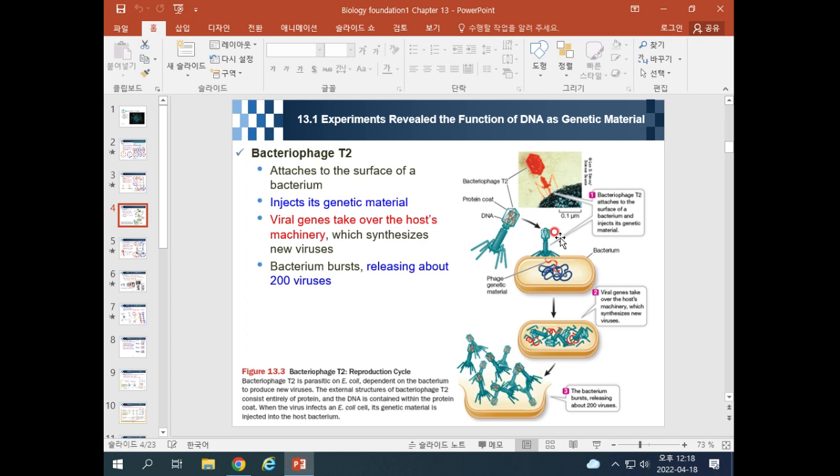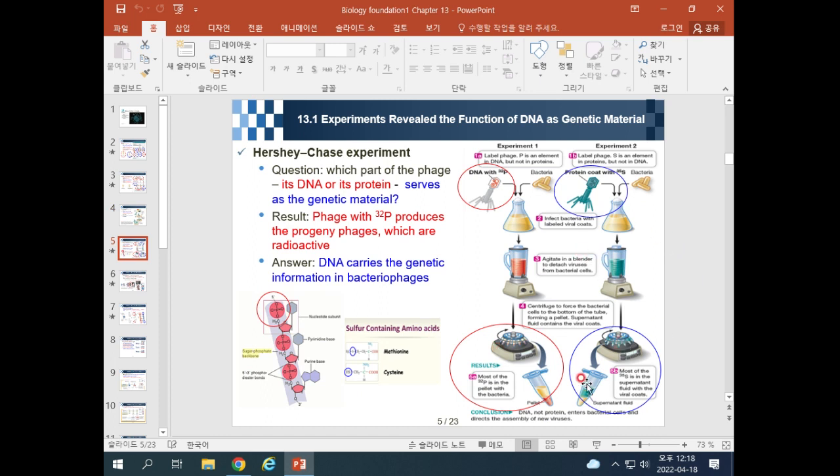So after centrifuge, the bacteria are in the pellet, but the virus is located in the supernatant because the weight of the virus is very light.